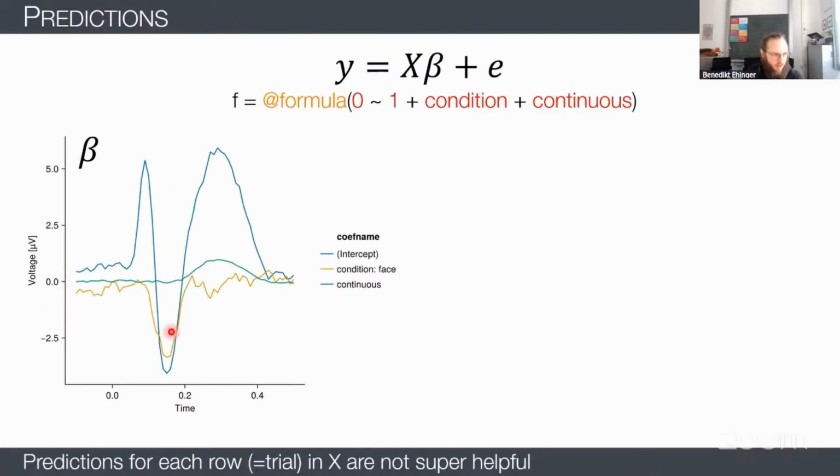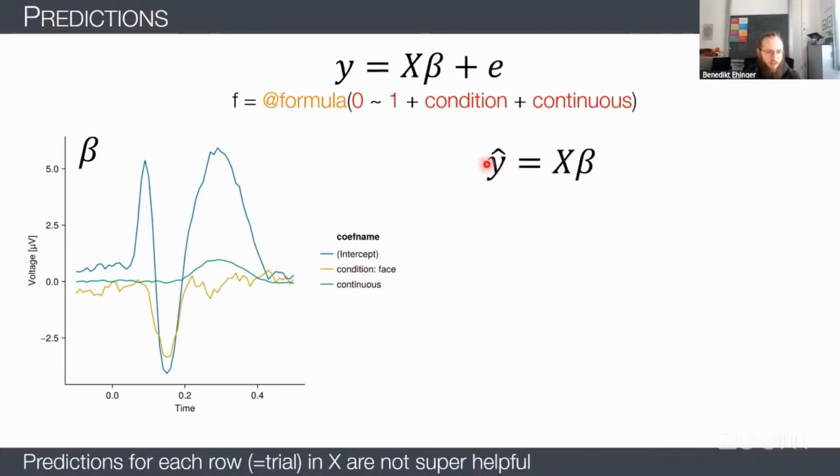You have the intercept, you have an effect of face versus bike, and then you have this kind of slope, right? This is relatively difficult to interpret, because the slope is different to what we typically have with the ERPs. And basically the question is, how do we get from here, from having difference effects and slopes, back to ERPs that we can understand?